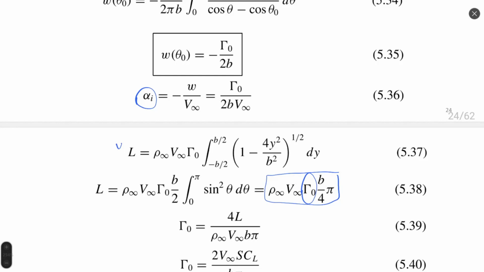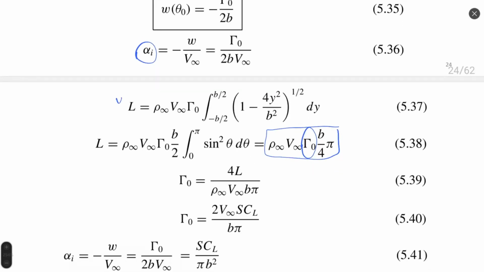Since we have a wing of known size, it will have a known value of lift, so we can always define the maximum circulation over the wing in equation 39. We re-express equation 38 and find that maximum circulation on the wing will be 4 times the lift force on this wing divided by infinite density and velocity, times size of the wing and pi.